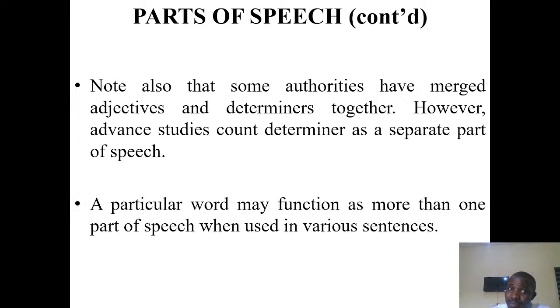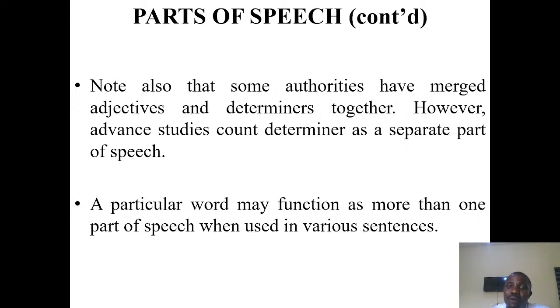But a determiner cannot be derived. We cannot add an inflection or an affix to it. It remains like that. It's limited. So that is the major difference. As we progress, you will know other differences between adjectives and determinants.